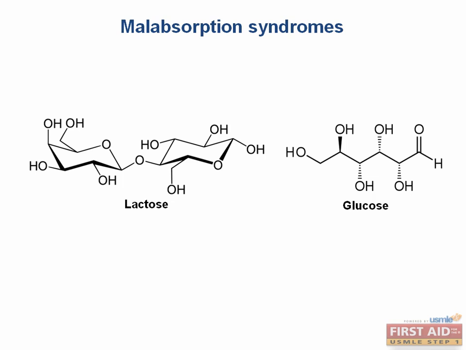Well, it makes sense because people with lactase deficiency can't break down lactose into its components, glucose and galactose. So if we can't break it down here, glucose monomers won't accumulate and they won't be taken up. So therefore, blood levels of glucose won't be able to rise following pure lactose administration.